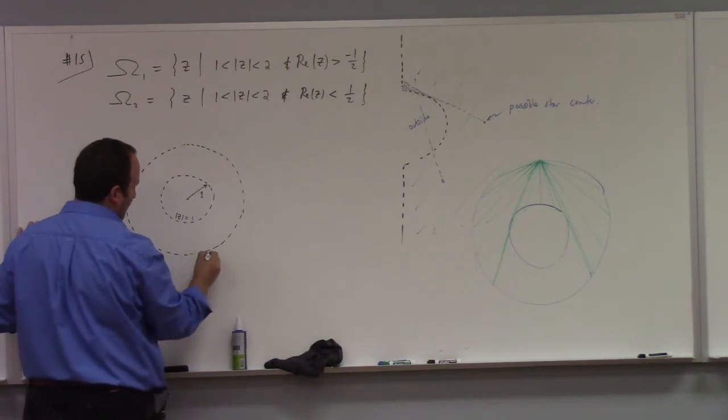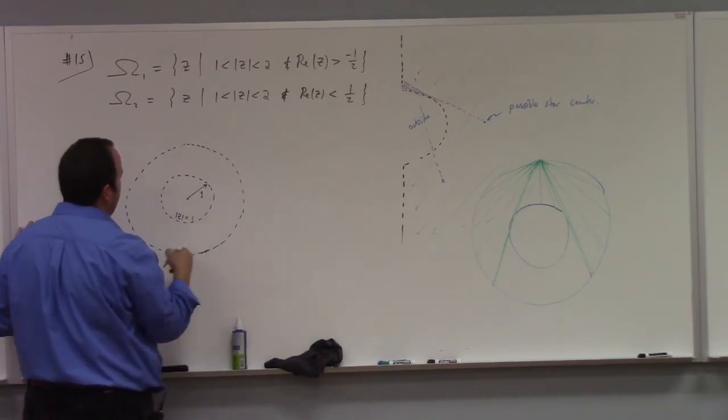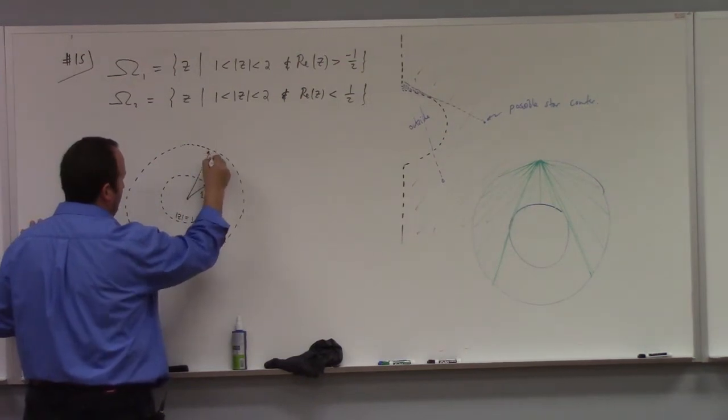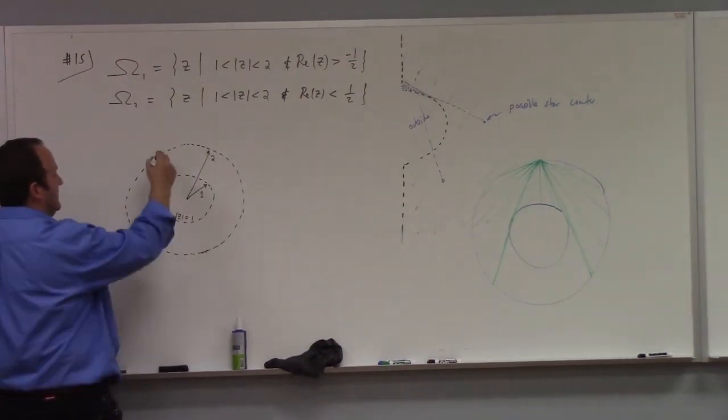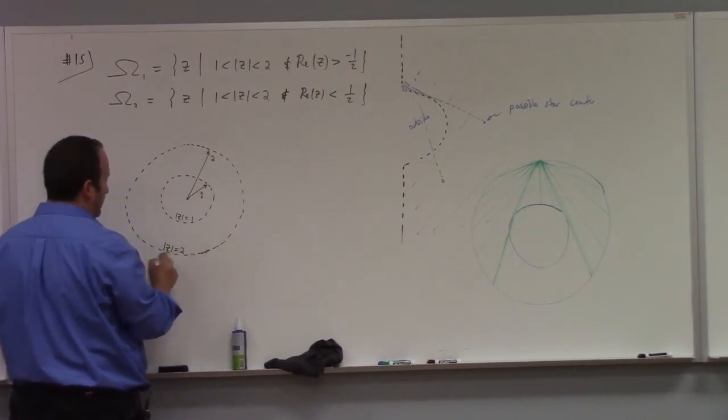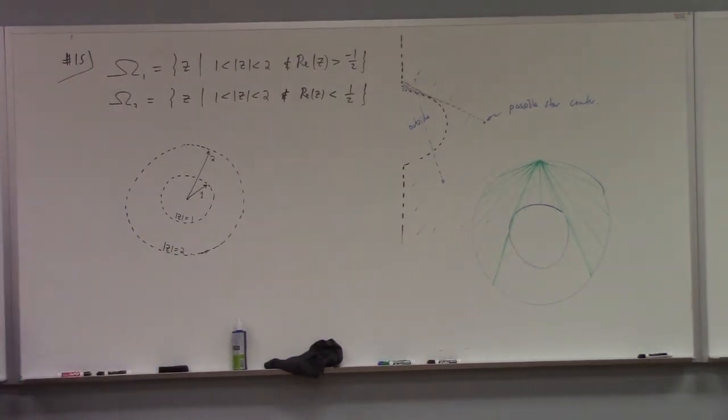Seems like a good job for a compass. So z equal to 2 out there. Both omega 1 and omega 2 are subsets of, and subject to this condition; they're both in this annular region.